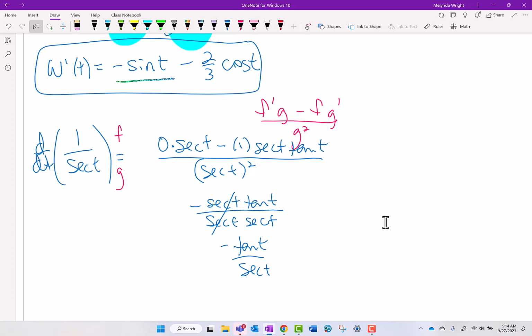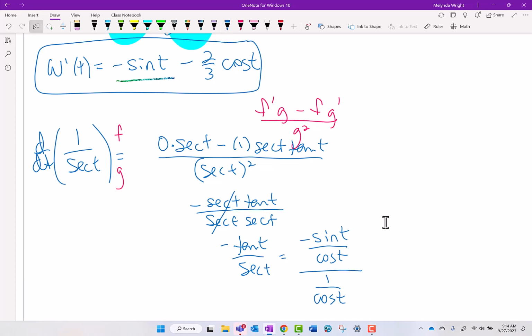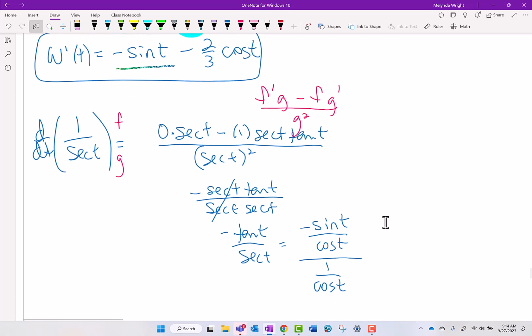Now, if I simplify this, which I'm going to, I have negative, tangent is sine over cosine, and secant is 1 over cosine. If I keep change flip, everybody with me so far? Now this is using the quotient rule for doing what I did up there.